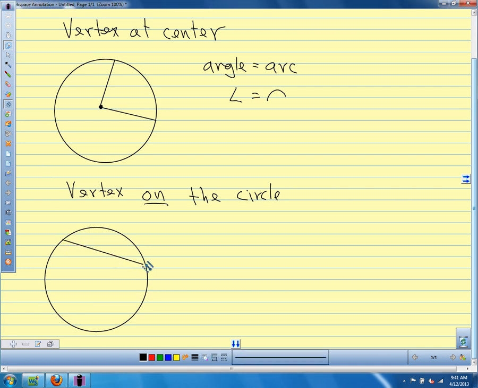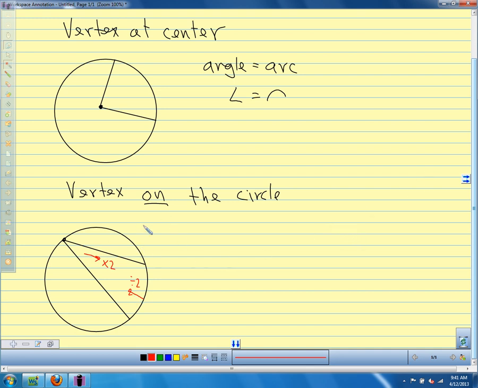The one that we have seen mostly is when our angle looked like this. So our vertex is over here on the circle. And we said our rule for that was to go from the angle to the arc, we multiply by 2, and to go from the arc to the angle, we divide by 2. So that was our second rule.